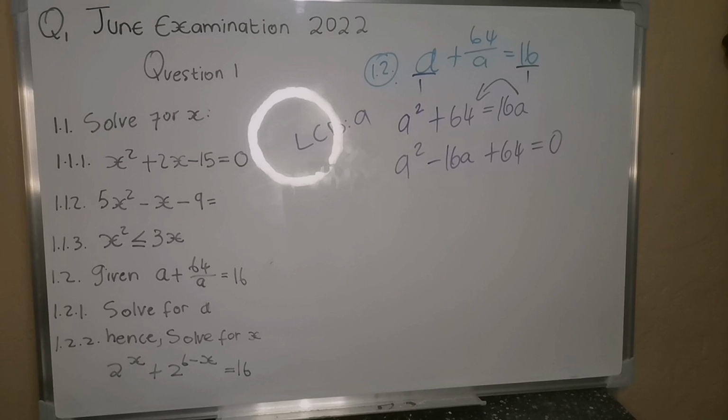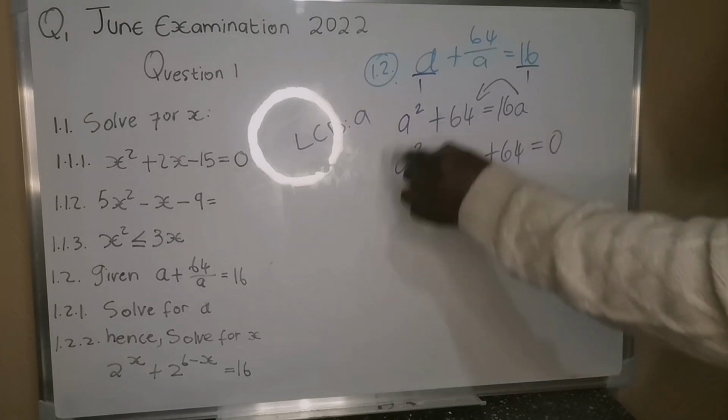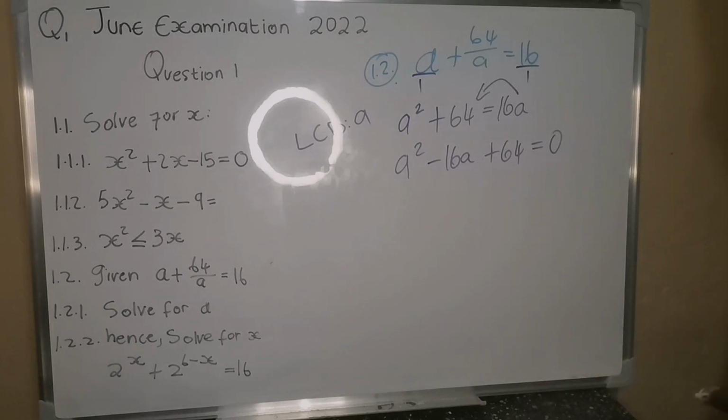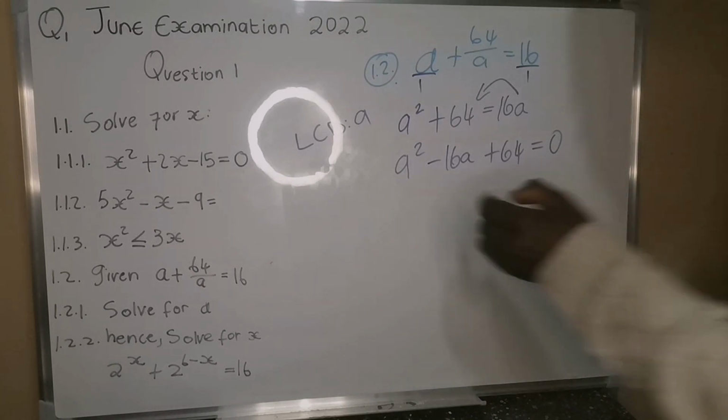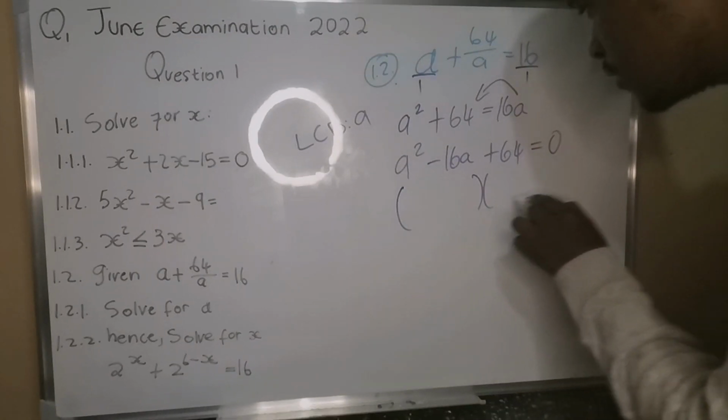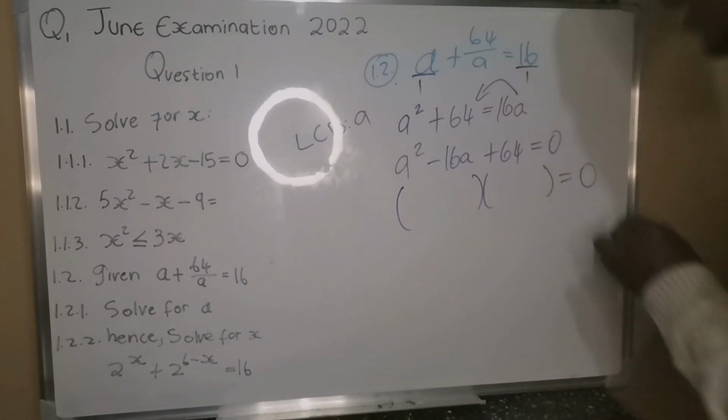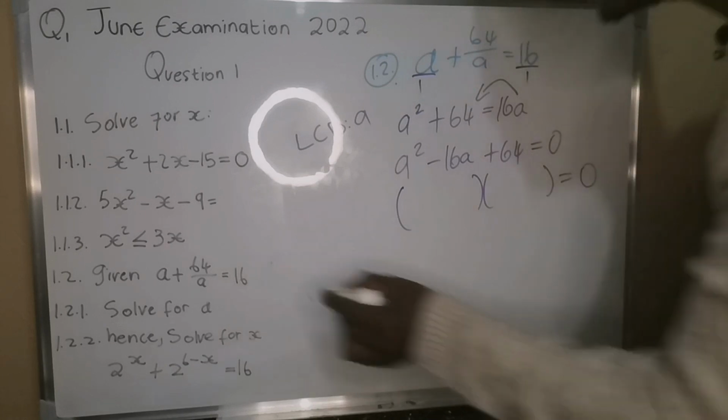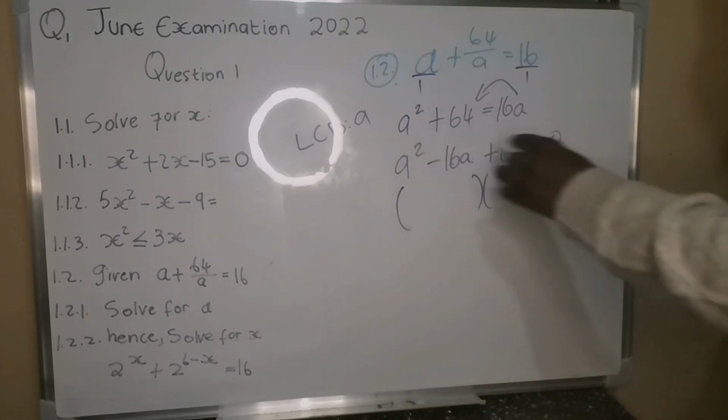Simple, ne? Now, if you have something like this, guys, you have a quadratic equation, a full quadratic equation. And please, if you don't know how to find factors through opening two brackets like this, please apply the quadratic formula. In this case, you're solving for a.